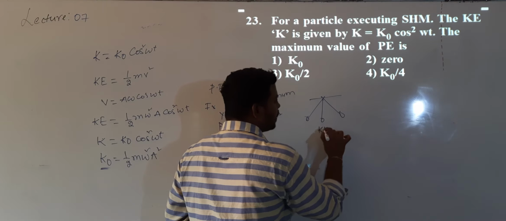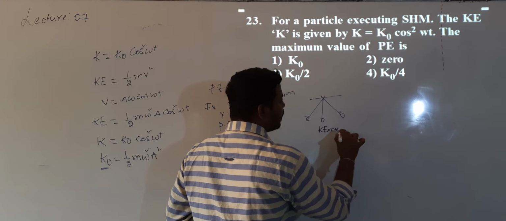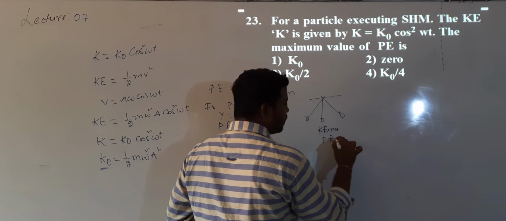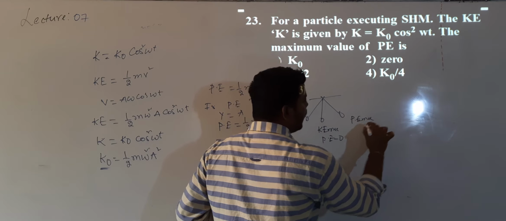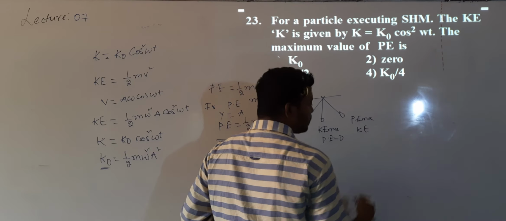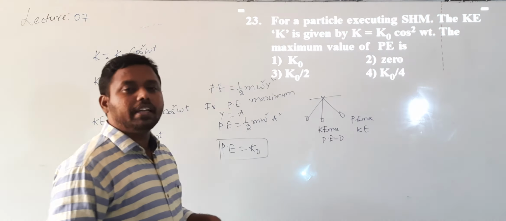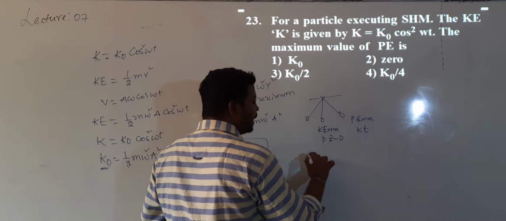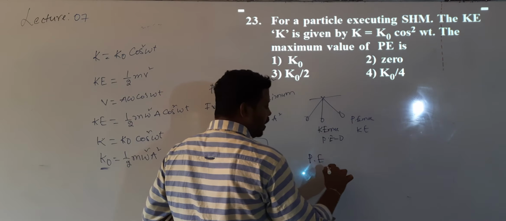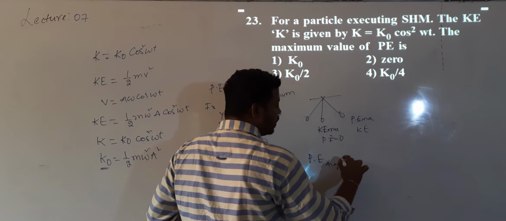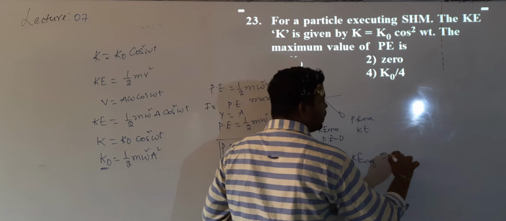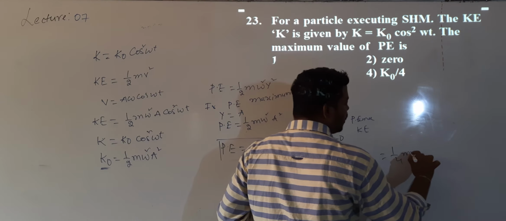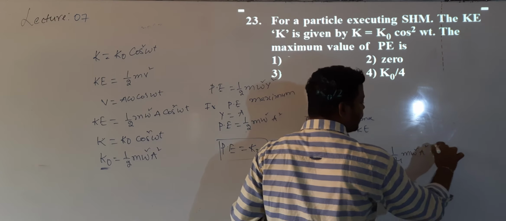At mean position, kinetic energy is maximum whereas potential energy is 0. At extreme position, potential energy is maximum and kinetic energy is 0. Also, the average potential energy is equal to the average kinetic energy, whose value is 1 by 4 into m omega square into a square.